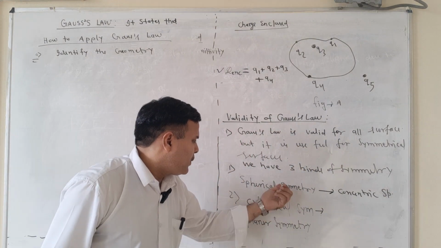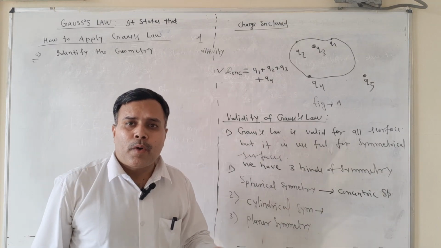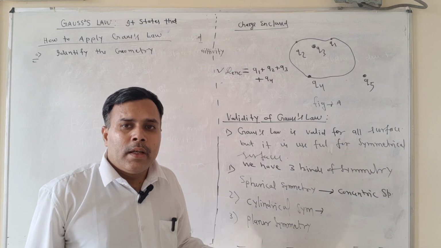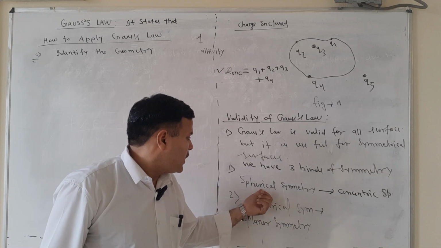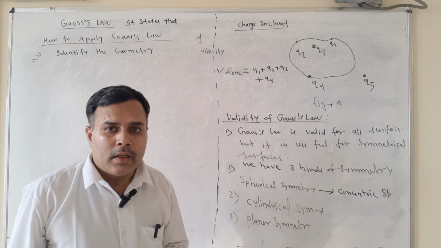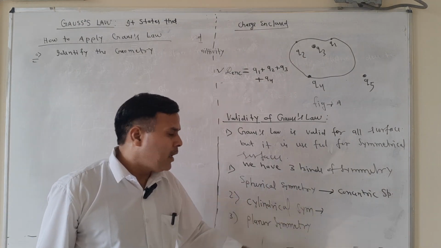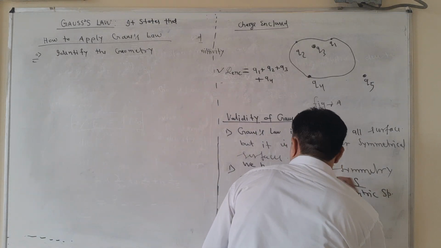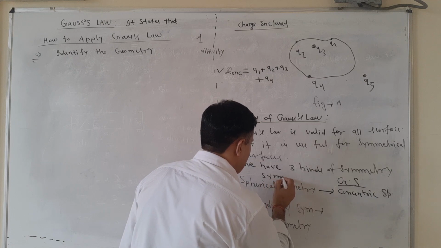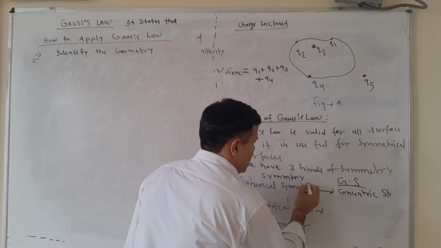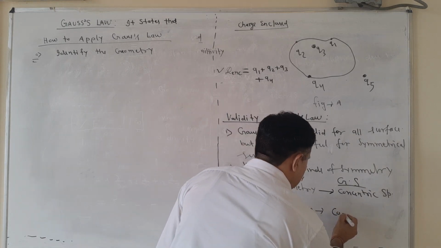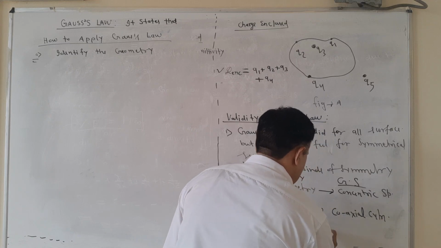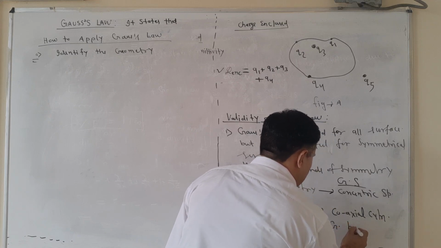So corresponding to spherical symmetry we have a concentric sphere, and in cylindrical symmetry we have a coaxial cylinder. And for planar symmetry, the Gaussian surface is a Gaussian pillbox.